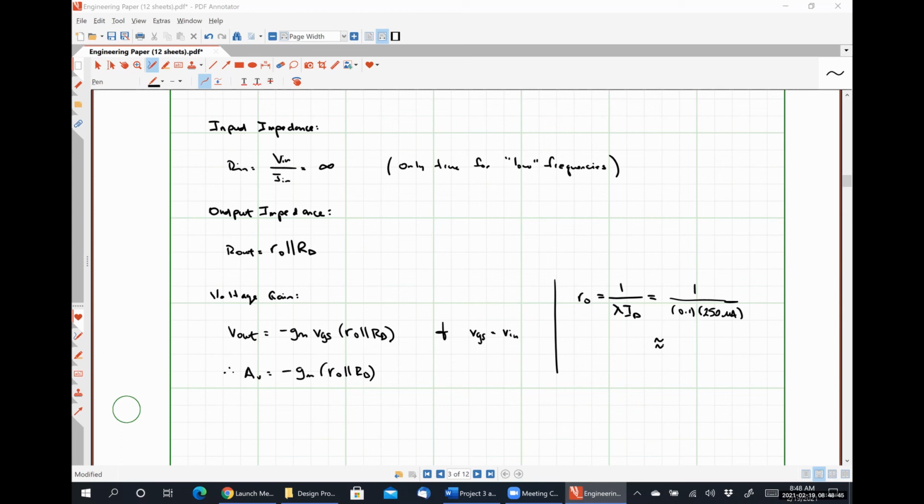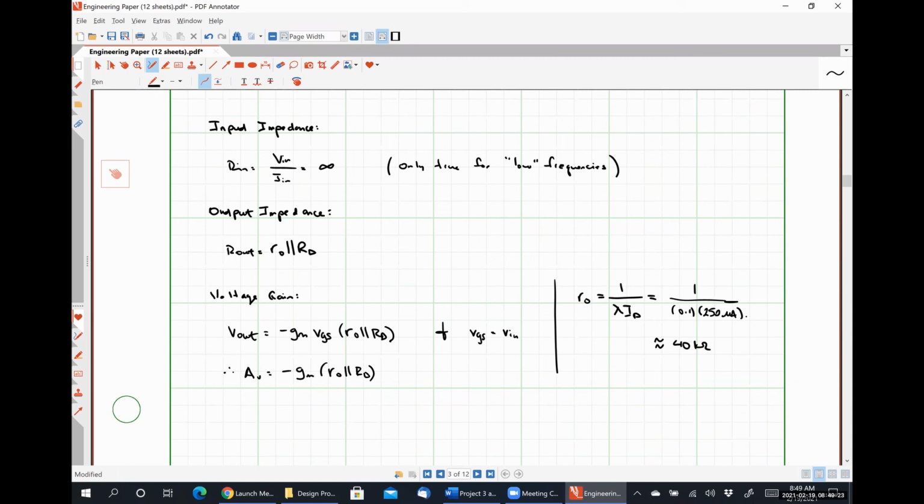40K. Yep. 40 kiloohms. Okay, so if our drain current were smaller, if the drain current were half the size, the resistance would be smaller or larger? Because 250 microamps is actually kind of large here, right?